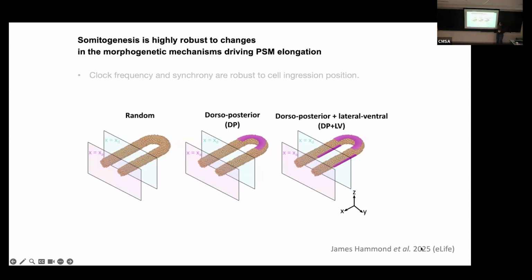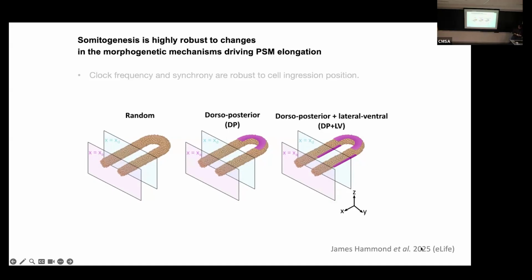So in order to start thinking about this, we always simulate our changes with respect to these three scenarios. One, where cell ingression is random, to reflect the baseline zebrafish post-tail eversion situation where cells are dividing throughout. But then also dorsoposterior ingression, which you see at earlier stages, and dorsoposterior plus lateroventral ingression, which you also see at the very early stages.